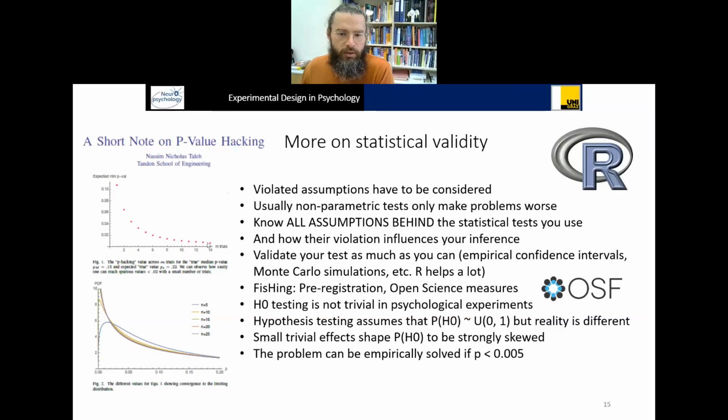And the problem is, usually, even if your effects are very, very small in size, the real distribution of the p-values you will get will have this shape. So you see here the p-values. If the distribution were uniform, you would see just a flat line here.